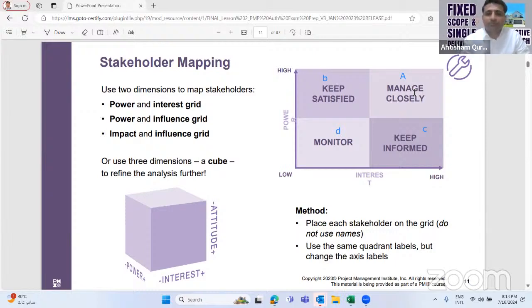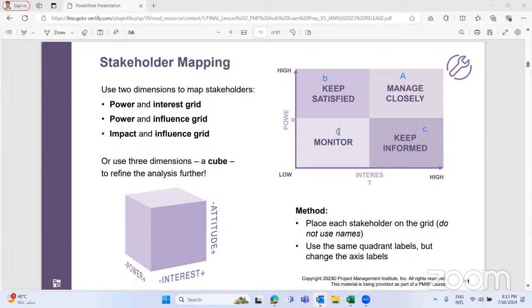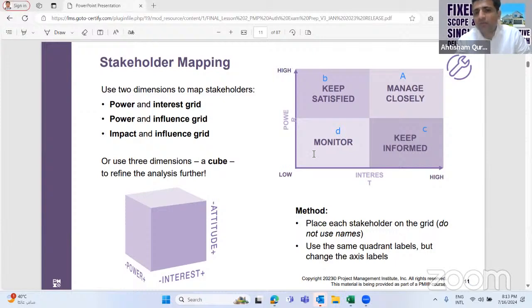Make sense? Yes, sir, it makes sense. And person D has got low interest in your project, and very low power as well, right?